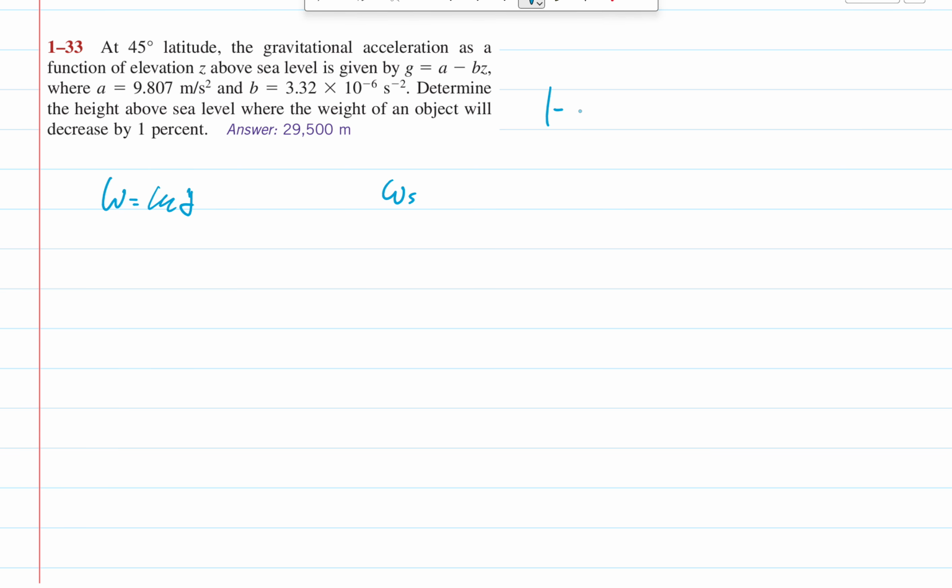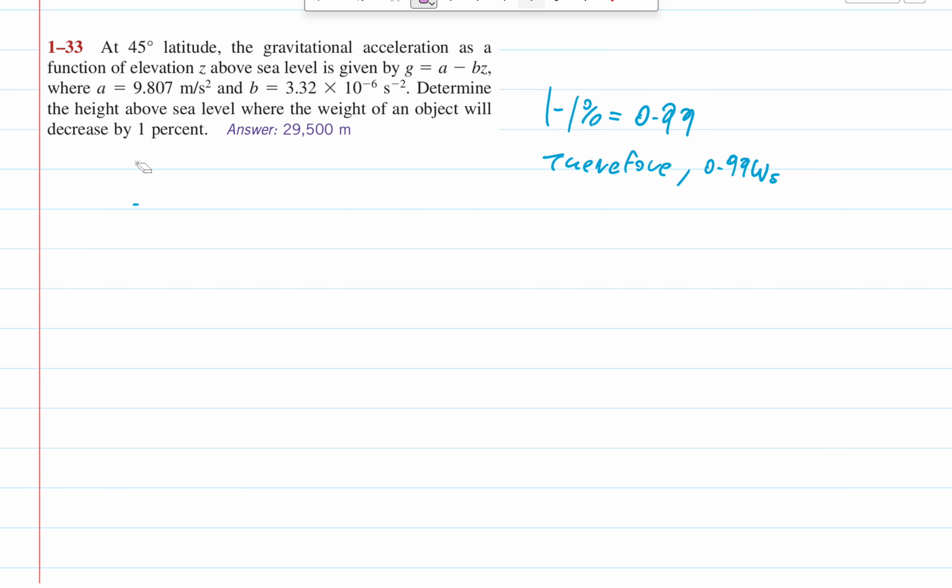So I know that 1 minus 1%, since it's given in the question, the weight of an object decreases by 1%. This will give me 0.99. Therefore, 0.99 weight at sea level.